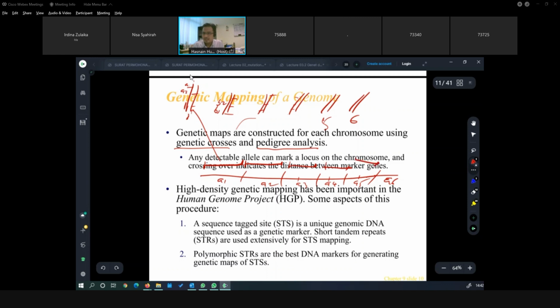So even if I put them into a tube, later on I will be able to arrange them in order where they appear segmentally. For example, I put all of them in one tube, 6 fragments here in one tube.